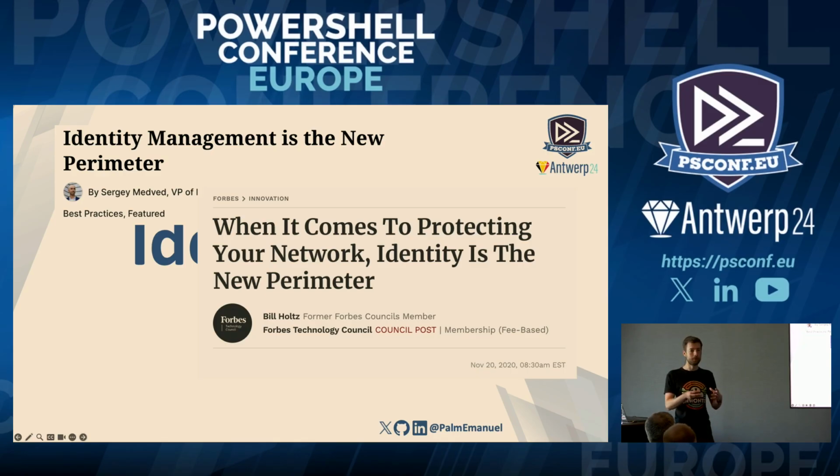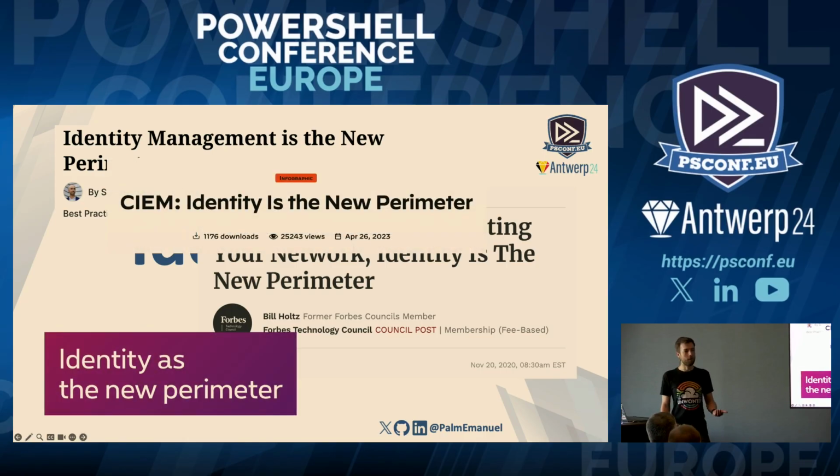So identity is the most important aspect that we have as a layer of protection. We need to trust the ones accessing those resources, because we no longer have our protected servers on our on-premises data center below ground somewhere. I mean, it's below ground somewhere else, but... So identity is the new perimeter.